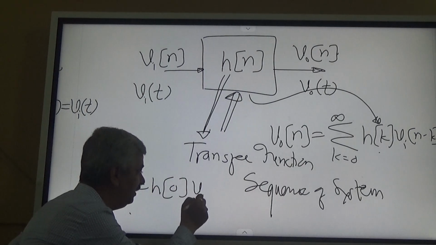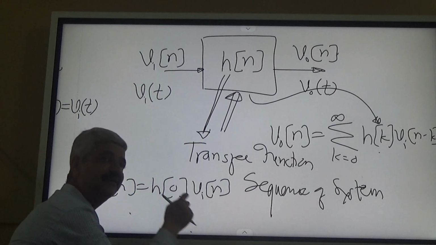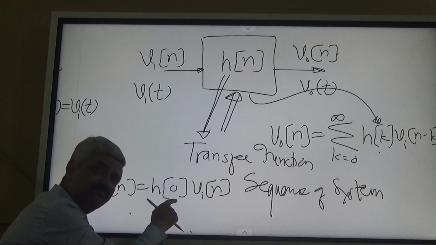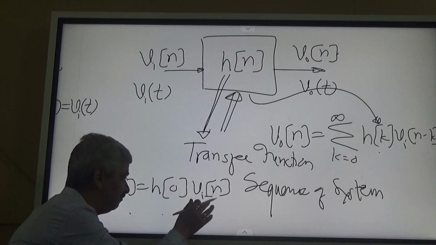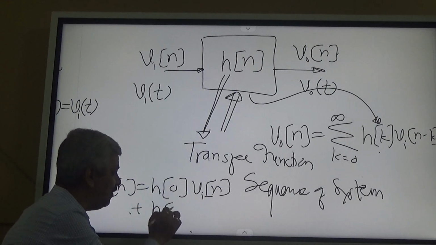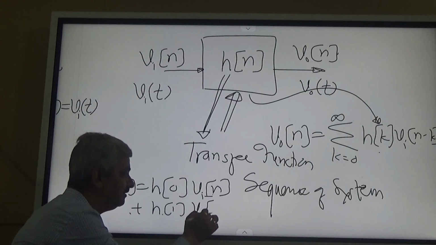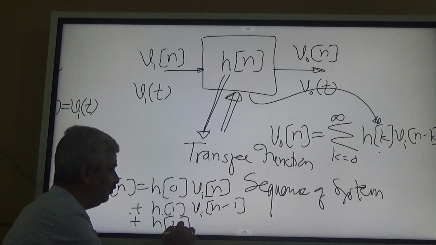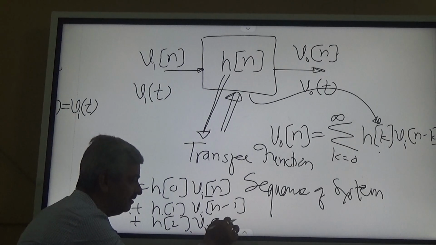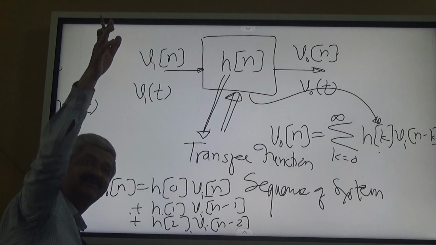Vo[n] equals H0 into current input plus H1 into Vin[n-1] plus H2 into Vin[n-2], and so on. Right?